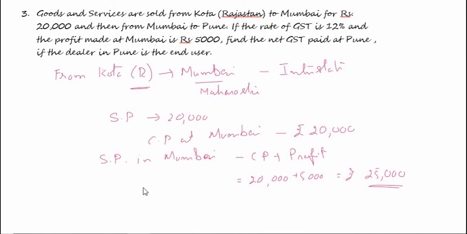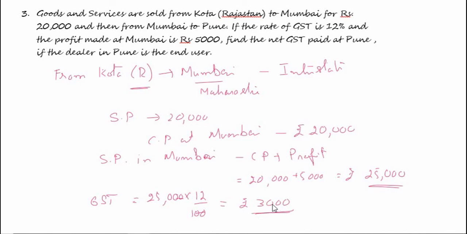So for Pune it is the cost price. Selling price is 25,000. On this he has to pay GST of 12%. So GST is on the selling price: 12% of 25,000, which is rupees 3,000.